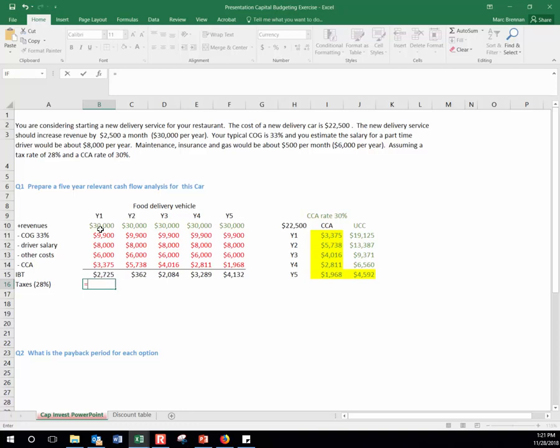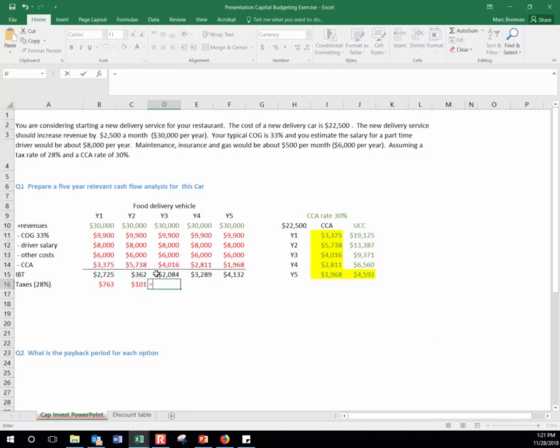See how it started with, it's going to increase revenues of $30,000, but when I take into account all the costs associated with having this actual new asset, it's only really providing me with that much income. That's not as much as we thought, and that's one of the reasons why we do this. So now we have to account for the taxes. So $2,225 times my 28%. Okay. And you would simply just go through each one.